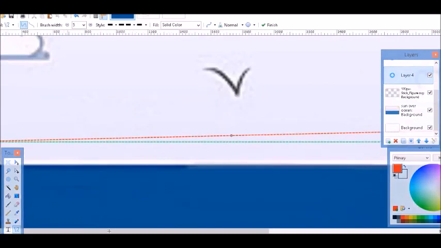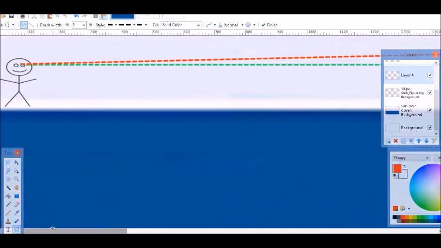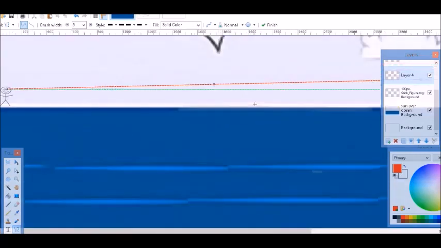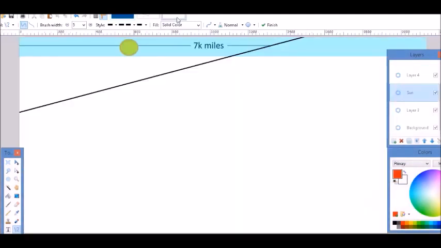I use 7,000 because at sunrise here in Florida, the sun is directly over West Africa, which is about 7,000 miles away. So to visualize what is happening, I created this page, and this line represents the extension of that teeny tiny angle from our eye level when it finally reaches the celestial plane.